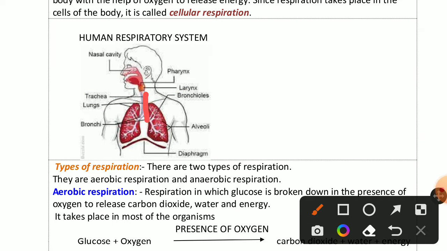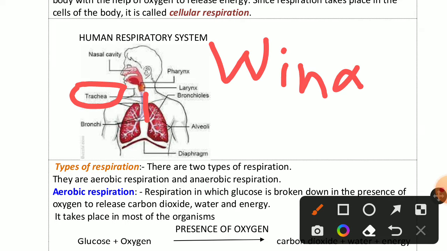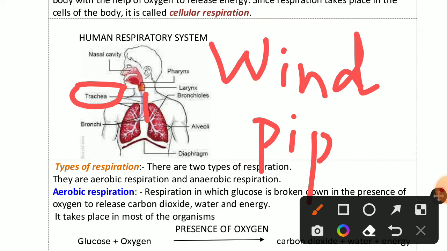Another name for trachea is windpipe. These are important points, please note them. Next part is lungs.